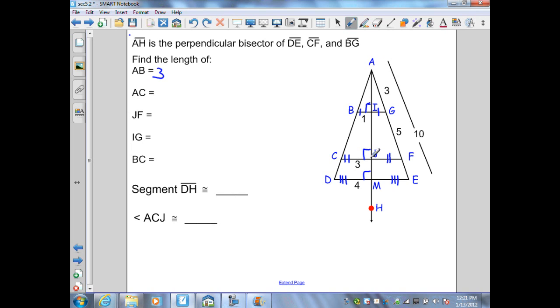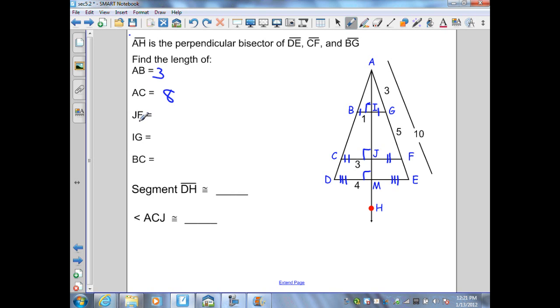AJ is on the perpendicular bisector. Therefore, A is on that perpendicular bisector, so it is equidistant to F and C. The length of AF is 8, 3 plus 5. And AF is congruent to AC. Therefore, AC must be 8.